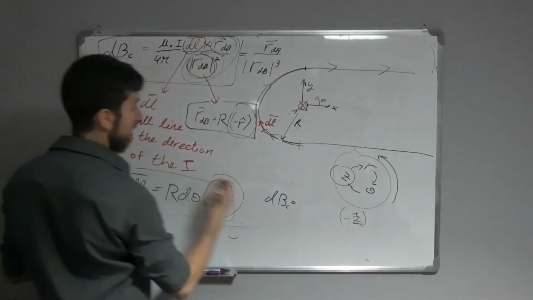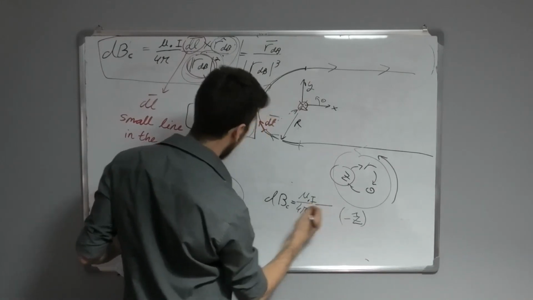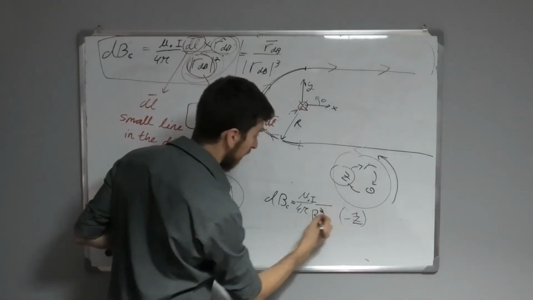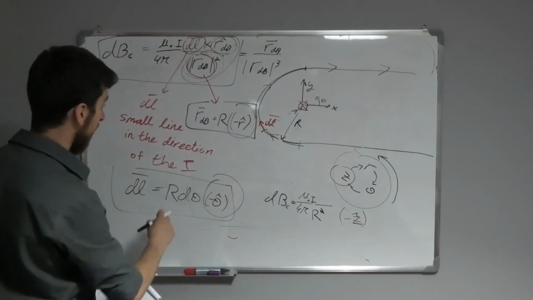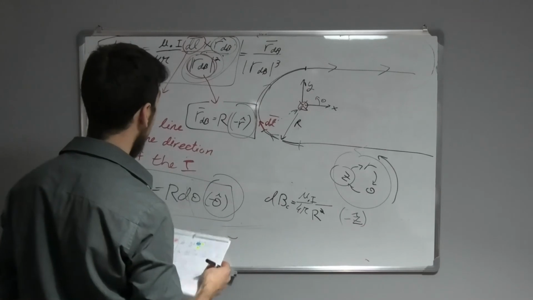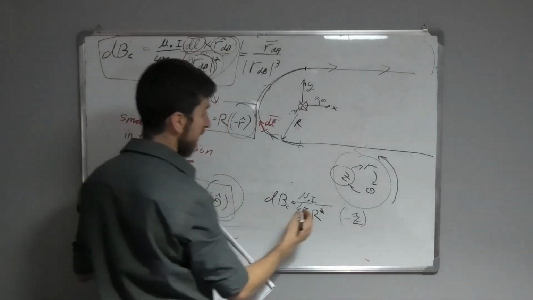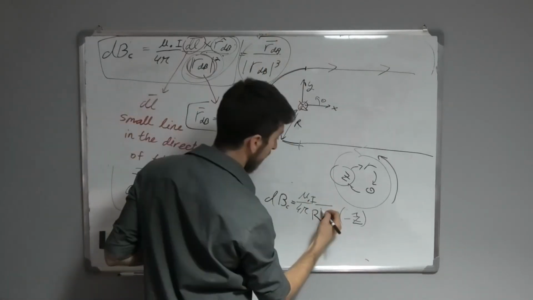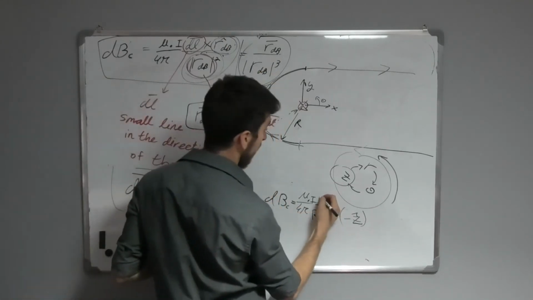And the value of it is, first of all, mu 0 I over 4 pi divided by r square, this is the size, r square. And here I have r-db, and r-db is r cubed, right?